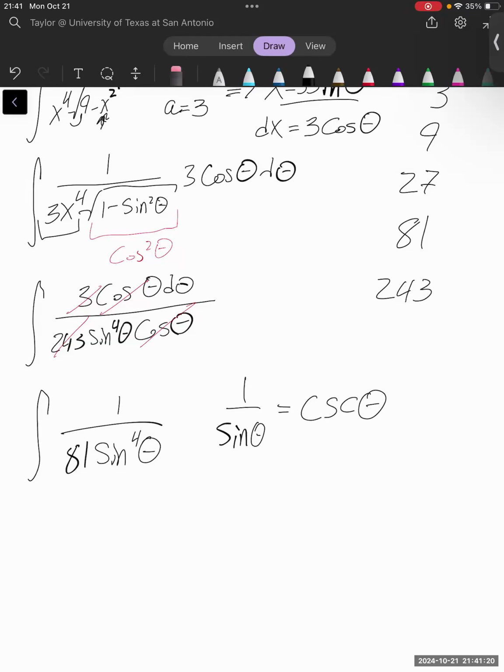So I can go ahead and substitute cosecant in, which gives me 1 over 81 cosecant to the 4th theta.